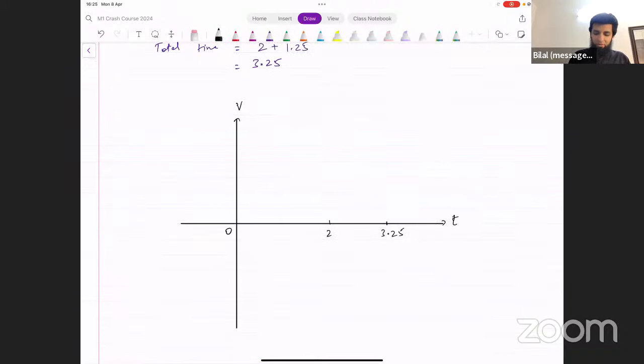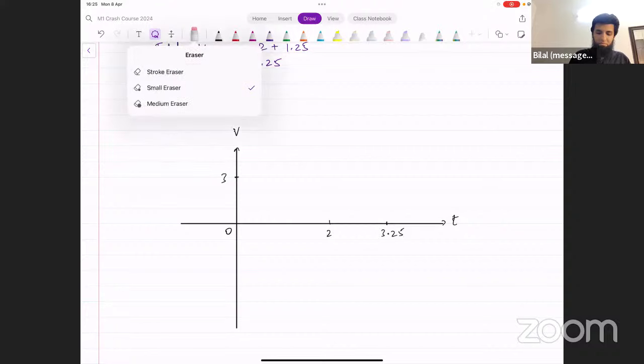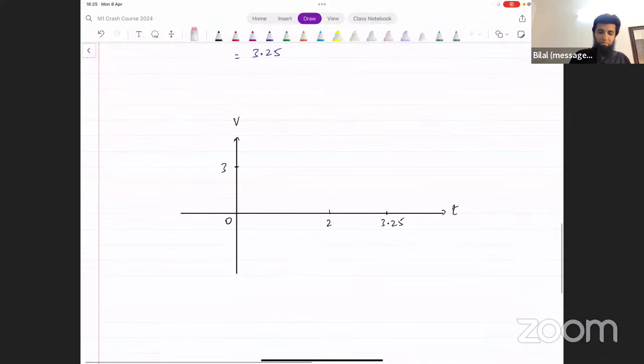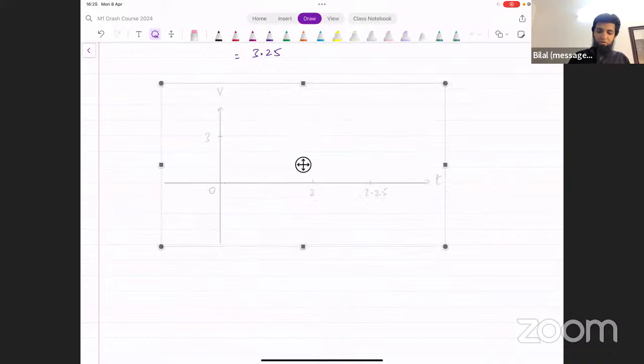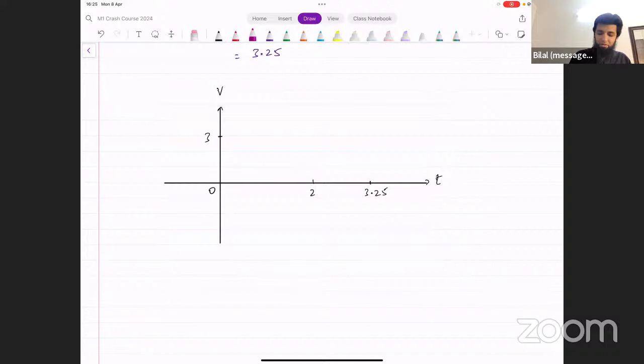So let's say we've got 3 here. This is one point that we've got. At time t equals 2, the value of velocity is 1.4. So it has to come somewhere around here. Let's say this is 1.4.